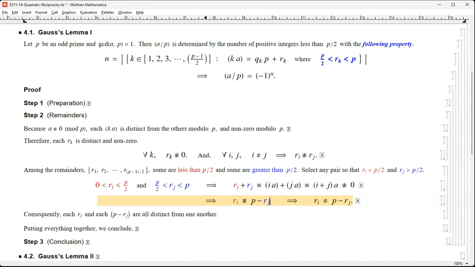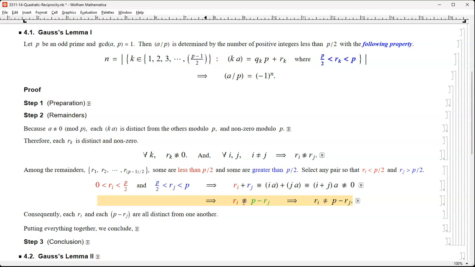And let's consider a different quantity, p minus R_j, and that's different from R_i. That's what you accomplished through this. And then all those are coming from 0 to p over 2, so not only are they incongruent, but they are different.